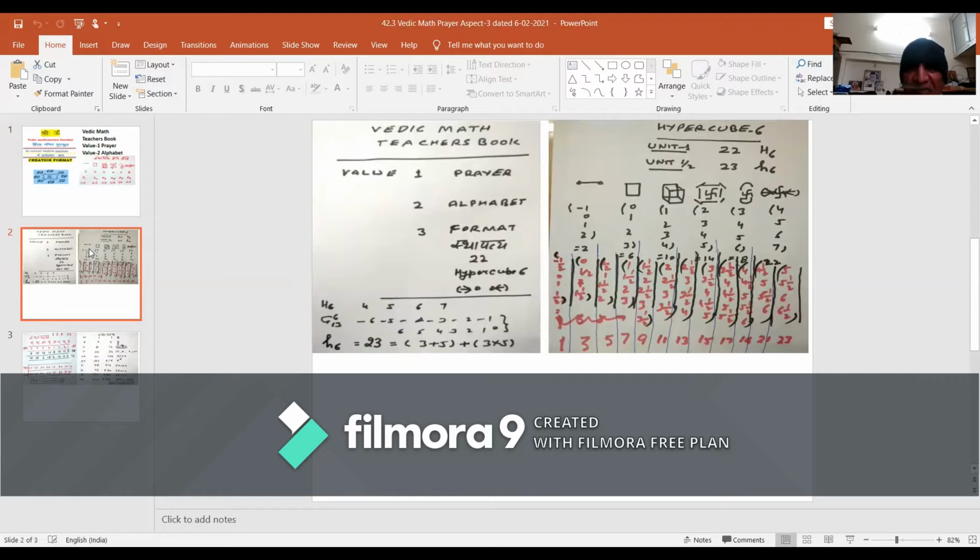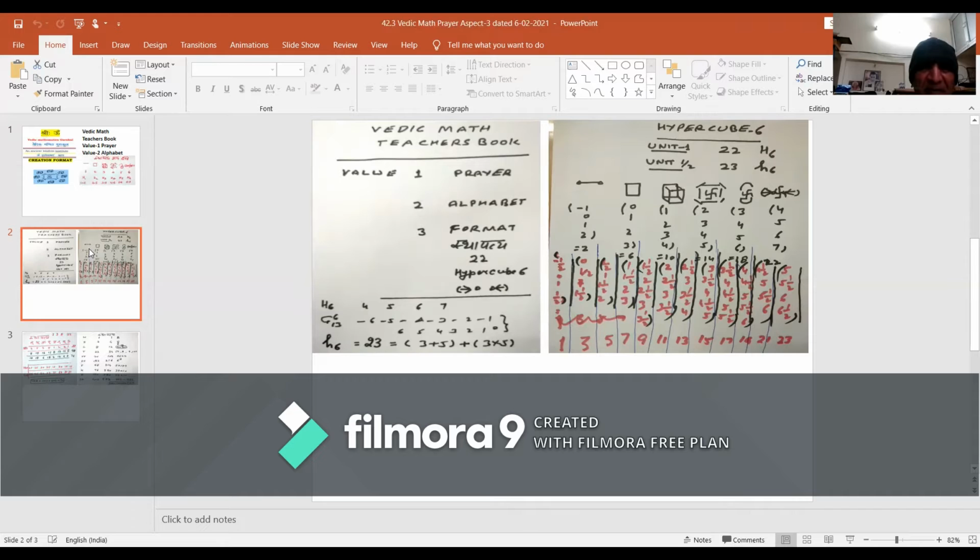It is the format. Value 1 is a Vedic mathematics prayer. Value 2 is Vedic mathematics alphabet. Value 3 of this book is Vedic format. The technical name is.